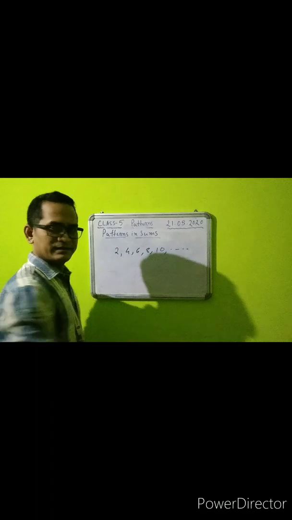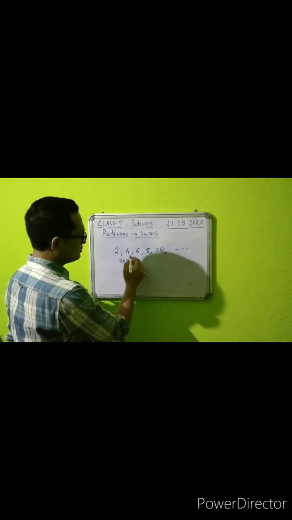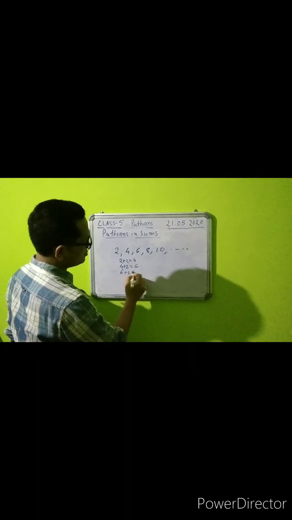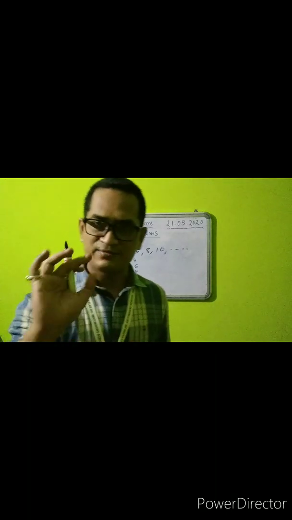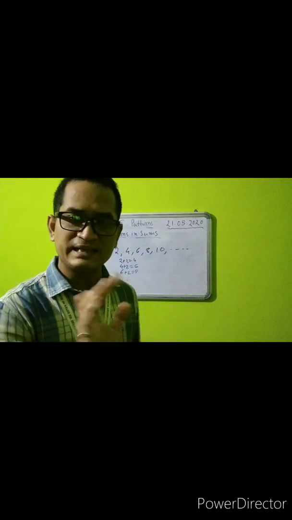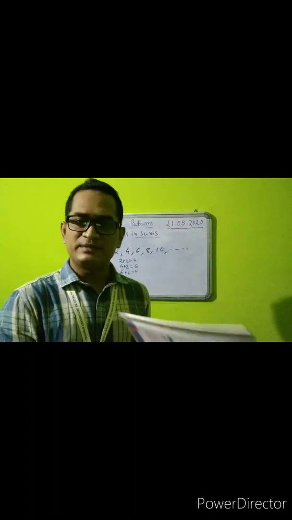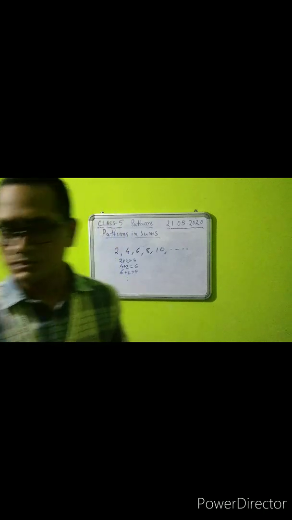How is it arranged? Every time it is 2 plus 2 is 4, then 4 plus 2 is 6, 6 plus 2 is 8, so it continuously goes on. So it has a fixed rule that every time 2 is increasing. This pattern we got in the earlier class, last year also.